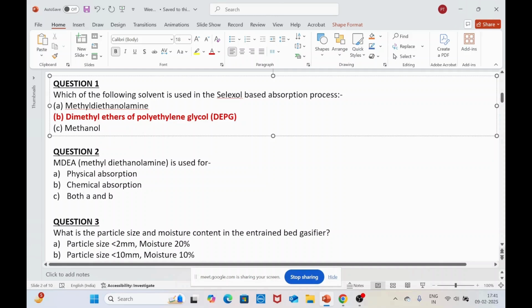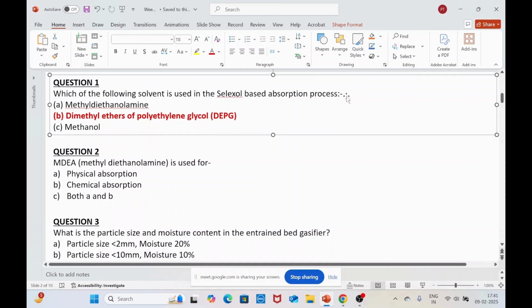Physical and chemical absorption. Yeah, but I am specifically asking about methyl diethanolamine. So let me write that here. Solvent based absorption usually takes place either through chemical or physical means.